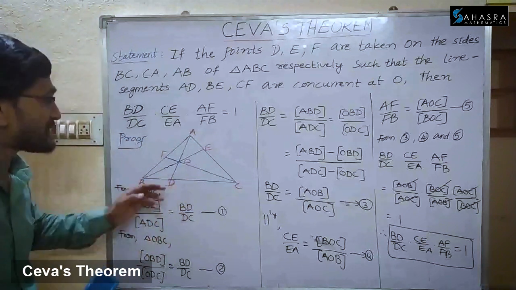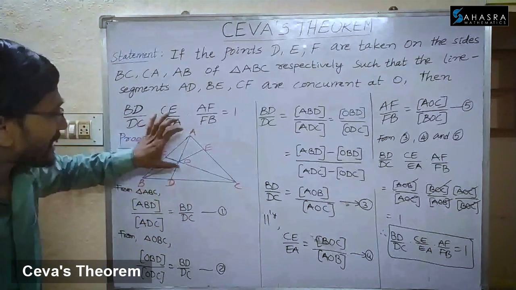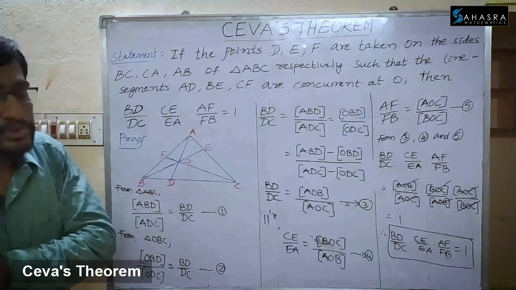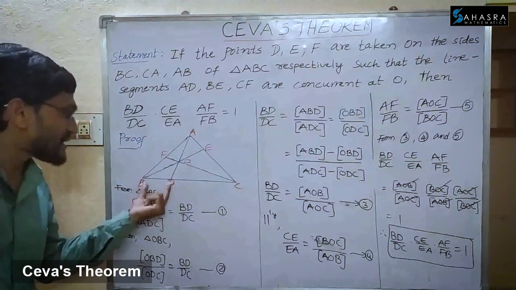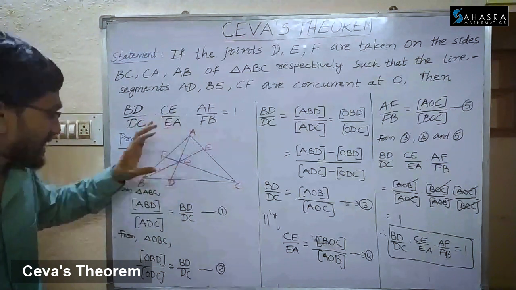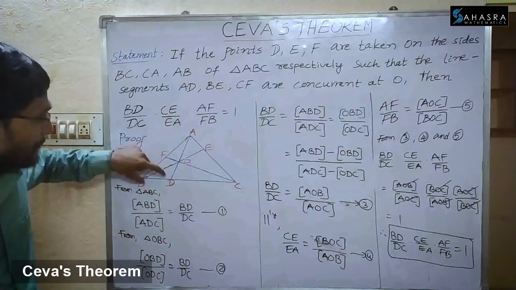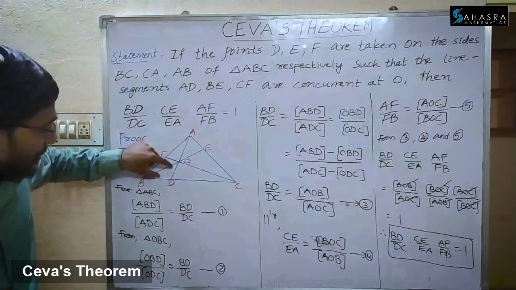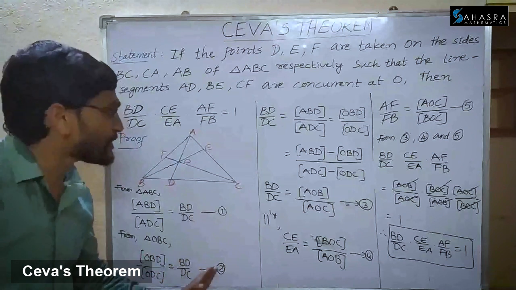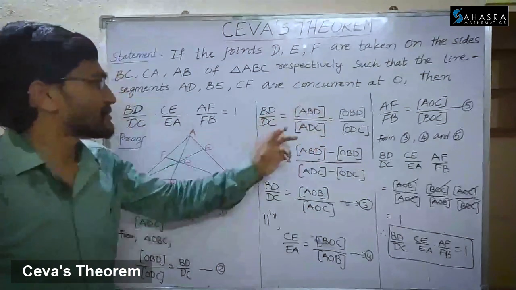We can write that because triangles ABD and ADC have the same altitude, so we can write the base ratio: BD by DC is equal to area of triangle ABD by area of triangle ADC. Similarly, BD by DC is equal to area of triangle OBD by area of triangle ODC. From these two equations we can write like this.